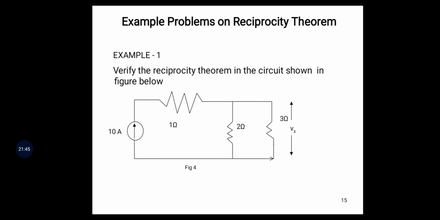Here the excitation is 10 amperes and the response is Vx across the 3 ohms. We find the voltage, that is the response Vx. So first, excitation by response, 10 by Vx. We want to find 10 by Vx.